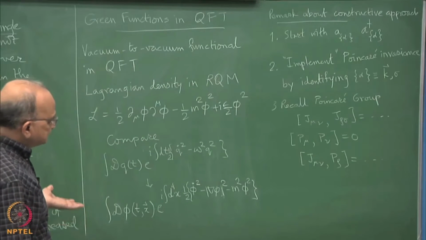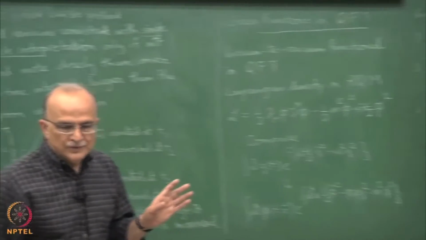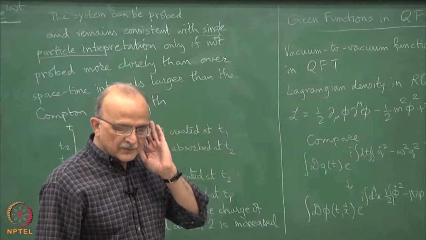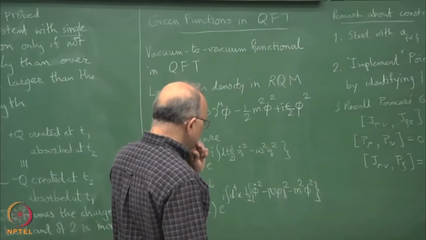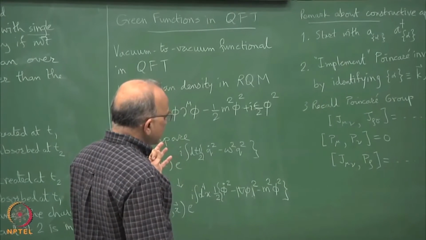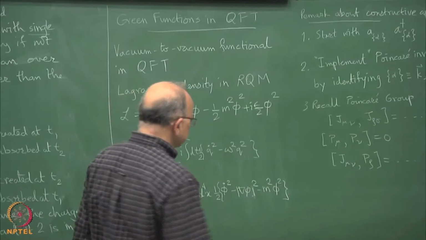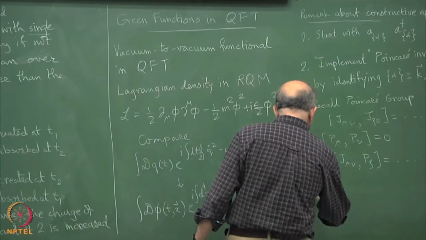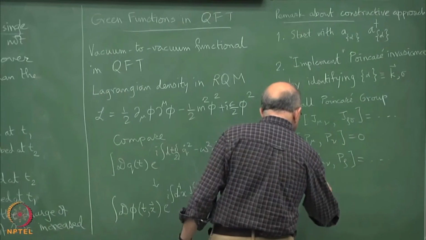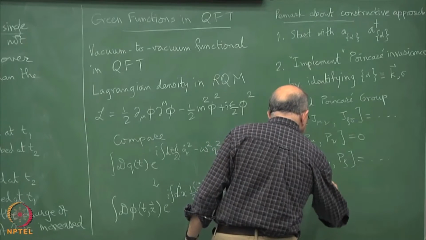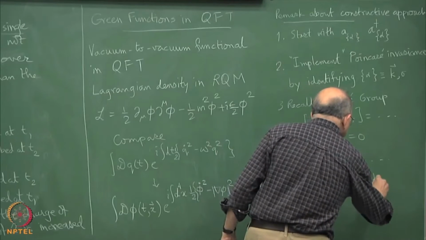It has precisely two Casimir invariants. So first of all, it has exactly 4 mutually commuting observables, which are the P's, which become the K mu.